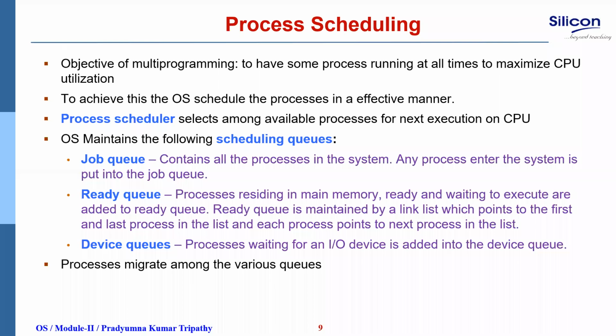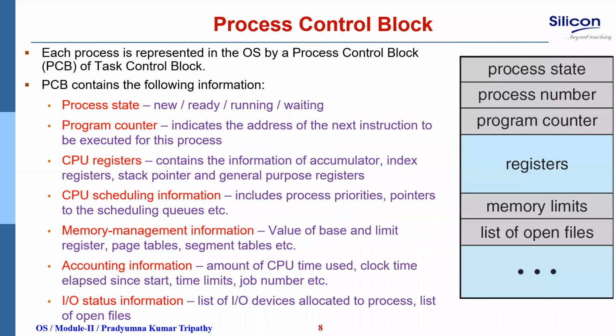So just see, the process control block keeps track of many things here. Not only this, there are other things like a pointer to the child processes and a pointer to the parent process. I have not written those here, but they are also kept.